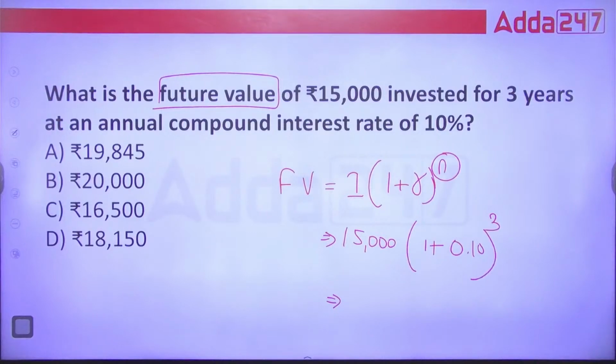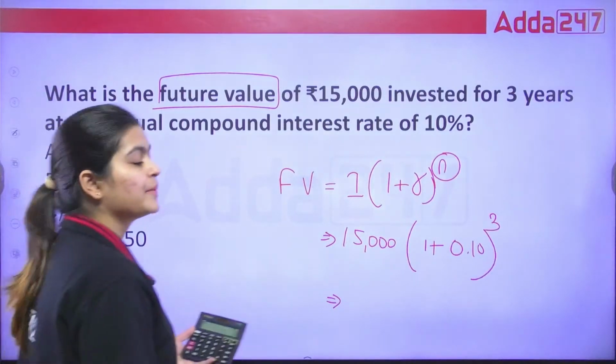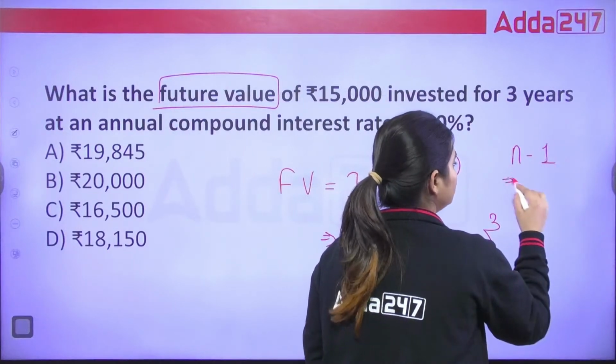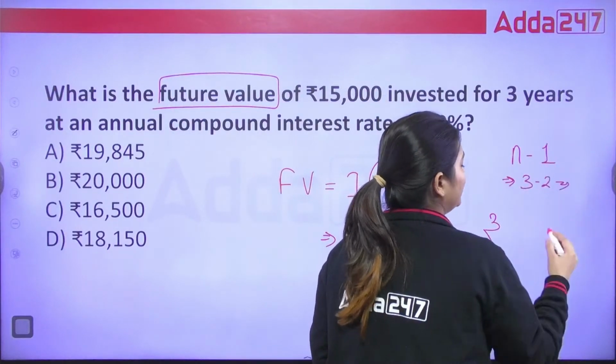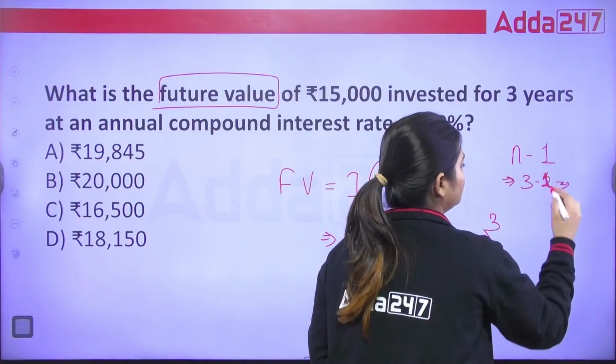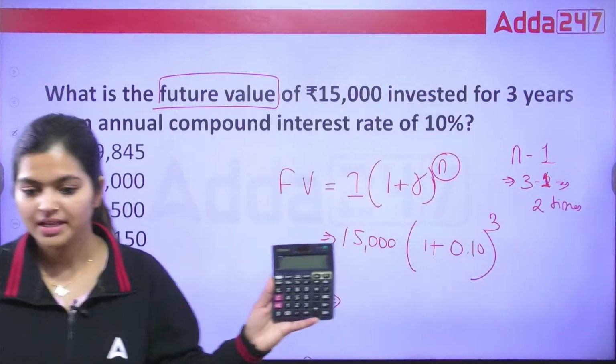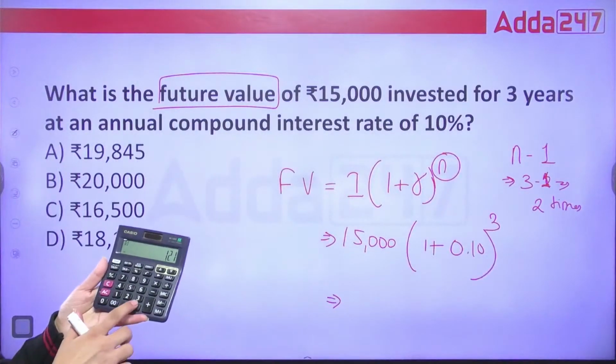As I told you, n minus 1, that is 3 minus 1, so we need to press the equal to button 2 times. That is 1, 2.